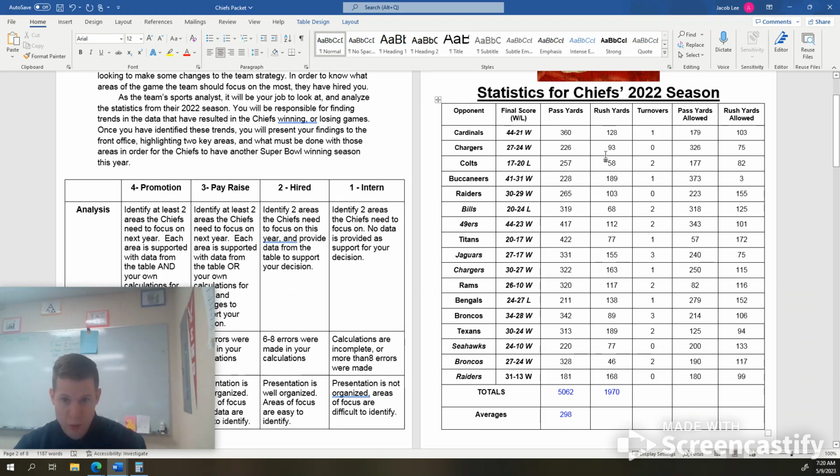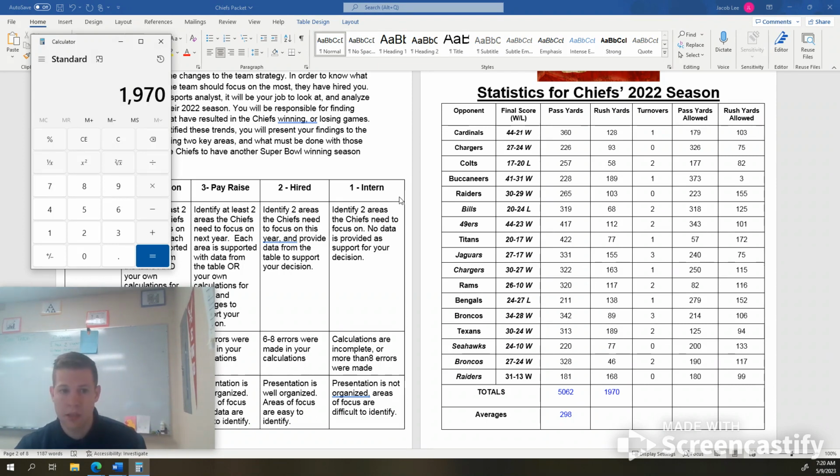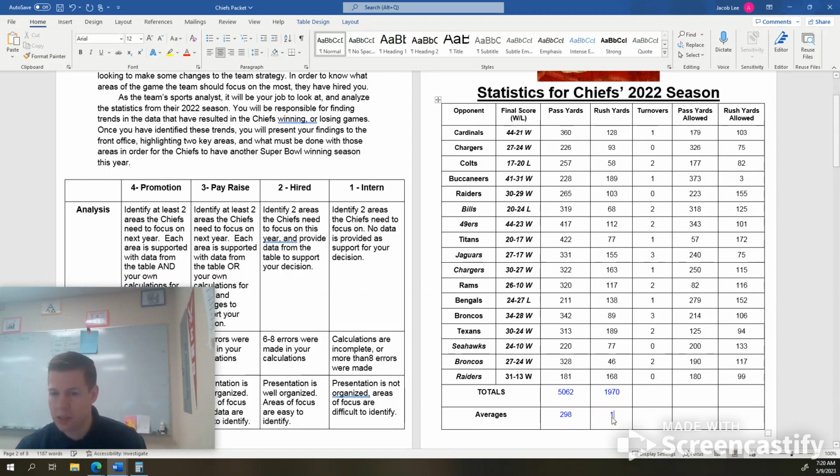All right, so again, all I did was add up all of these rush yards. Now to find the average, we're going to take that total, 1,970, and divide it by 17 games. 115.8 would round up. We've got 116 rushing yards per game.